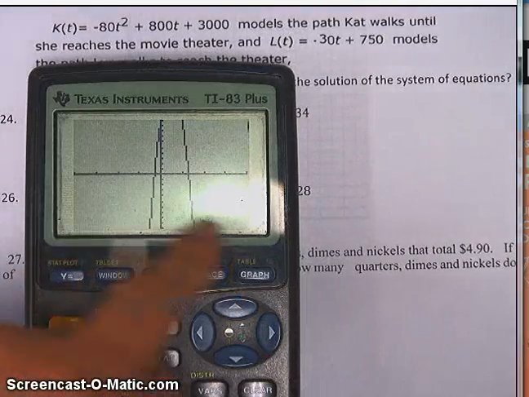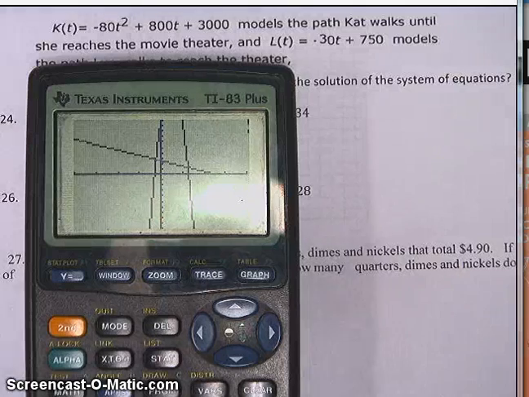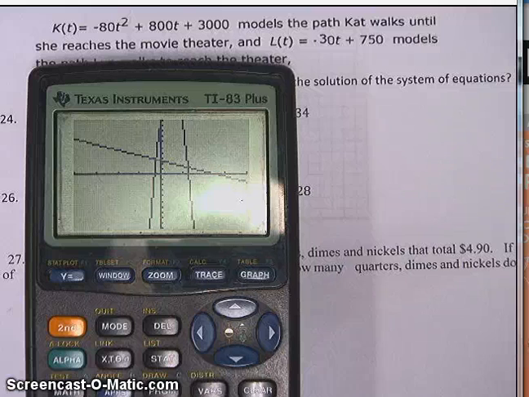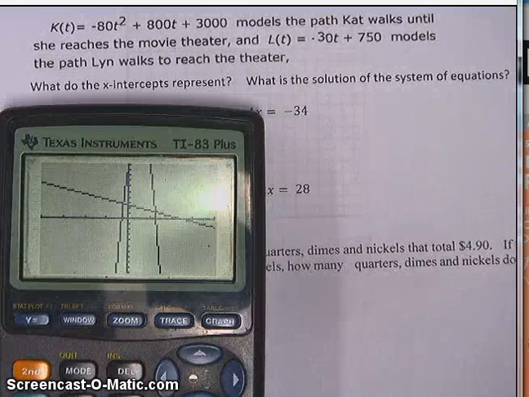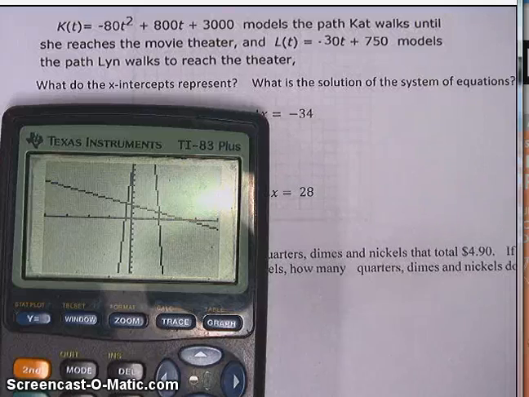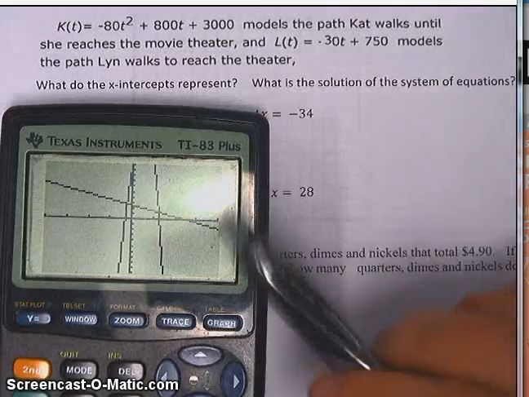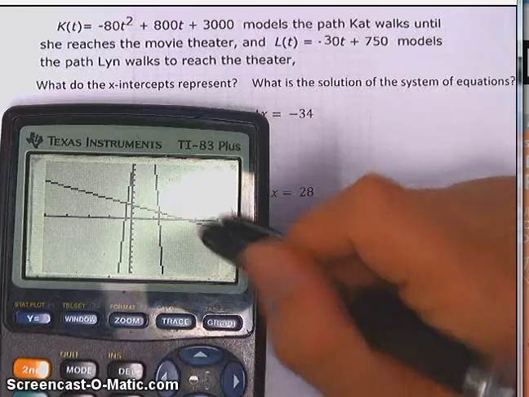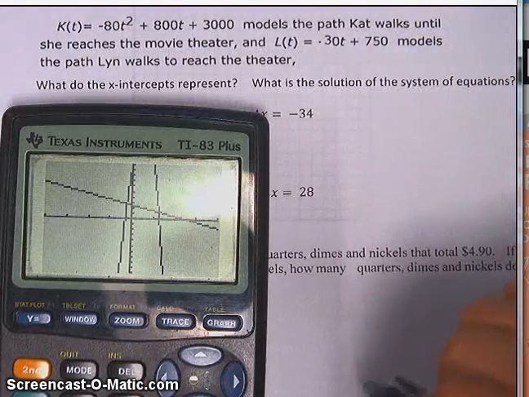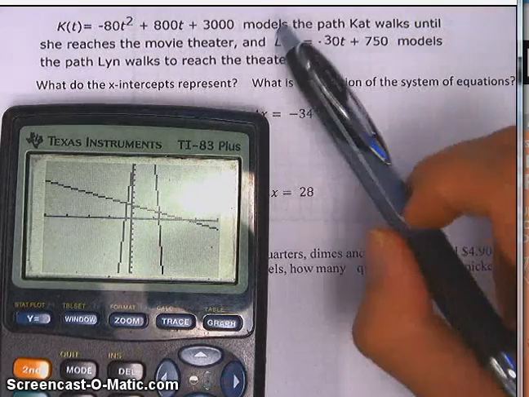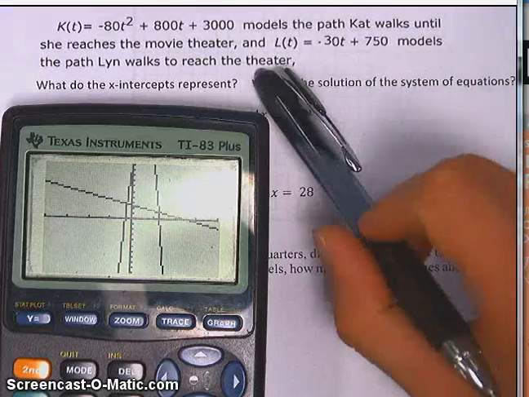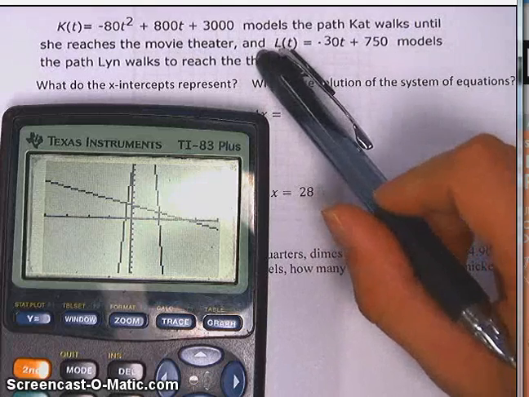Okay, I can see the quadratic. And now I can see where that line crosses. Okay, so there's two solutions here. And we want to know what the x-intercepts represent. So if we think about what these things actually mean, the x-intercepts, there's three of them, one for the linear and two for the quadratics. So these equations model the path that they walk until they reach the movie theater.